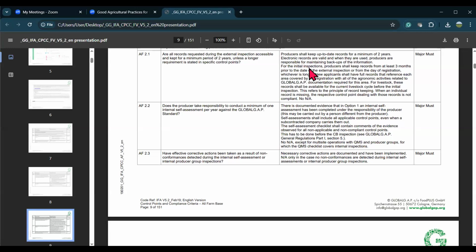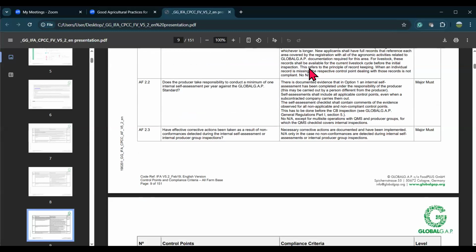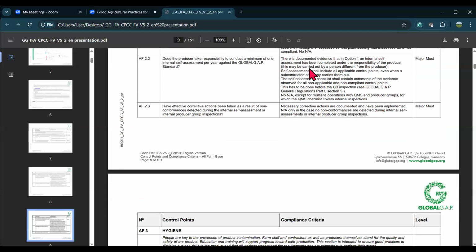So the idea is for you to examine yourself and ask what must have happened that made me produce at 75% as against the 80% that I projected. Whatever you find out, you're supposed to document it, and your document is supposed to reflect that you have been making moves to correct those things that you must have missed out in the first place.